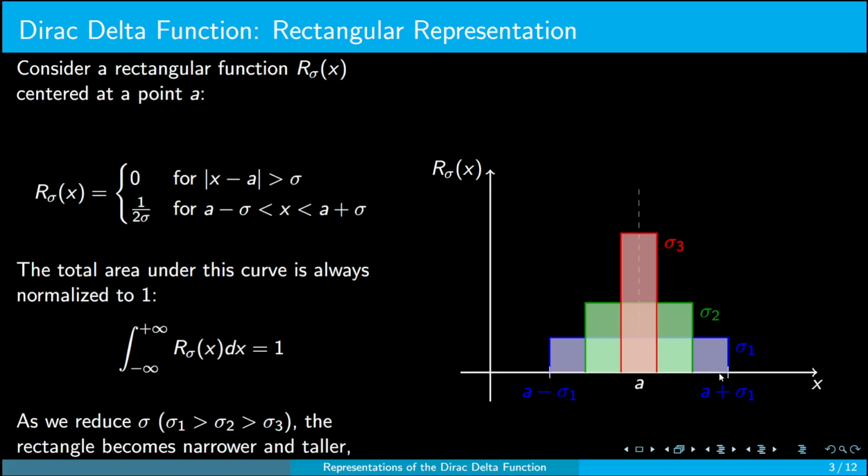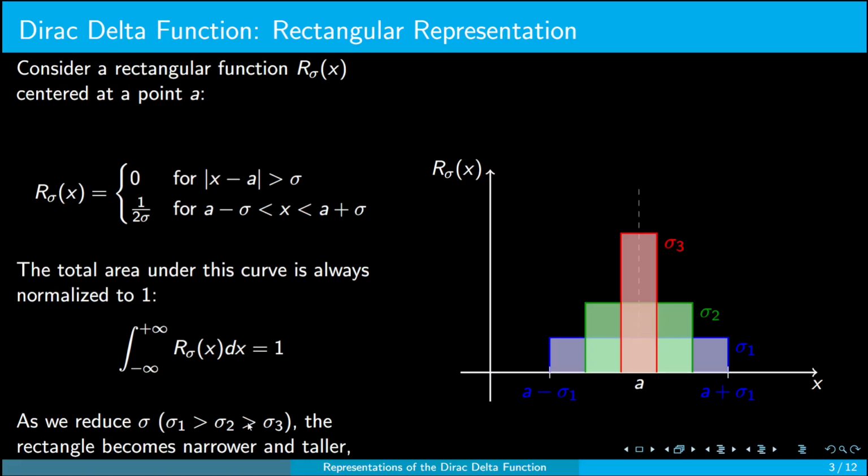Let's say for this green line, sigma 2 must be less than sigma 1, because its base is now reduced and height is increased so that the area remains 1. Further, sigma 3 must be less than sigma 2 and less than sigma 1, so its base is reduced again and height is increased, so that the area remains 1.